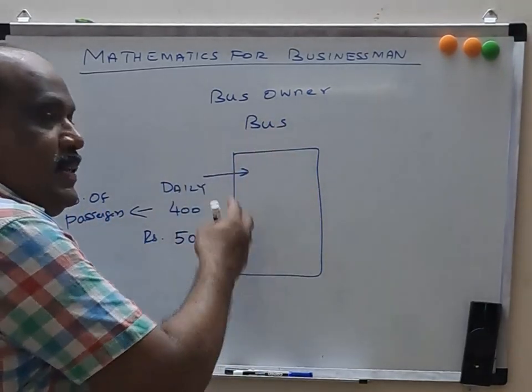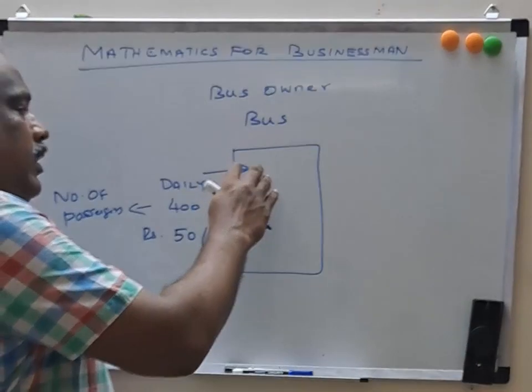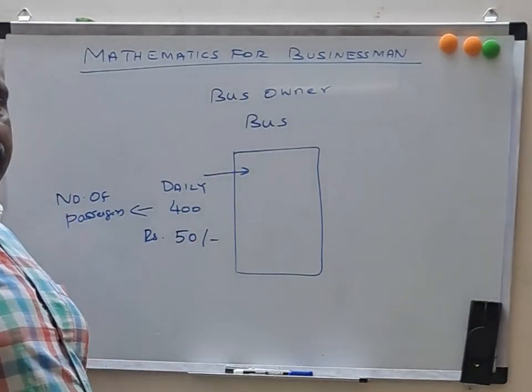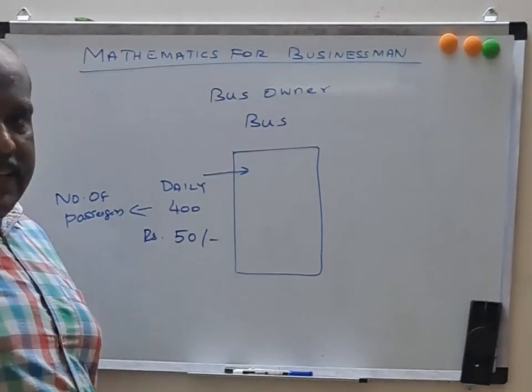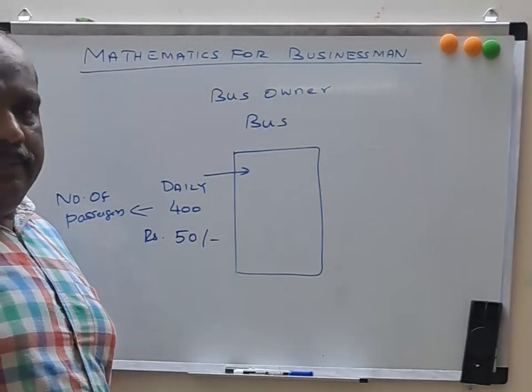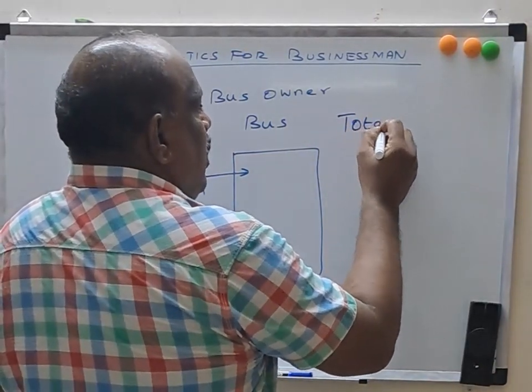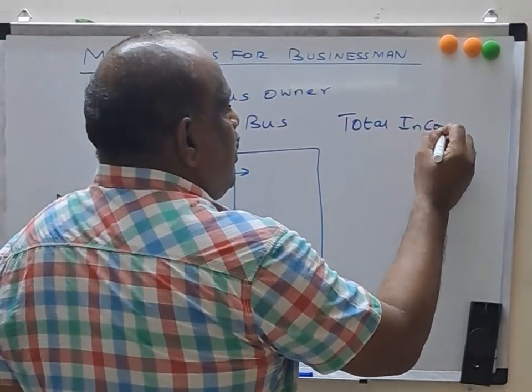So a bus owner has a bus. He has calculated that on average 400 passengers are traveling in a day, and the cost of the bus ticket is 50 rupees per person. So what is the total income? How will you calculate it?